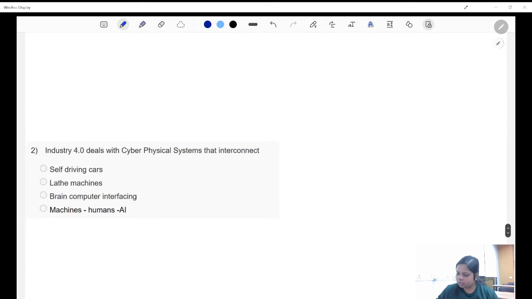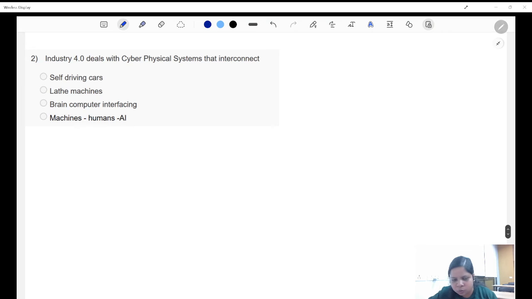Industry 4.0 deals with cyber physical systems that interconnect what? I mean, this is Industry 4.0 only going on. What are we seeing actually? It's an easy question. D. Yeah, D. Machine, humans, and AI. Good. Okay.